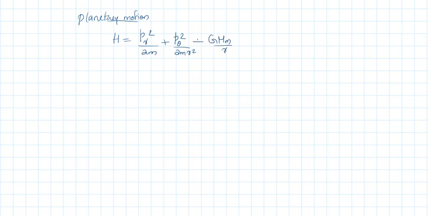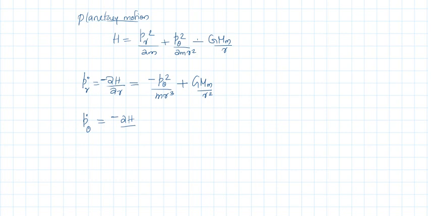Okay, the first equation, p_r dot is ∂H/∂r with a negative sign, and that becomes p_theta square by m r cube minus GMm by r square. And p_theta dot is minus ∂H/∂theta. There is no theta, theta is cyclic, so this is 0.